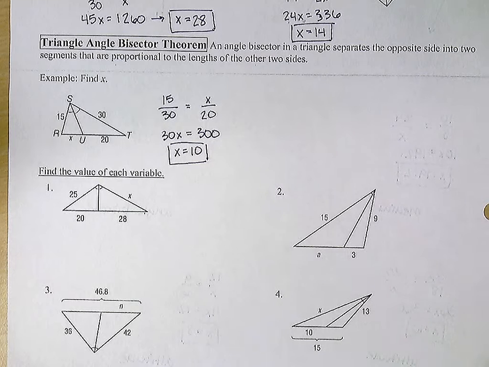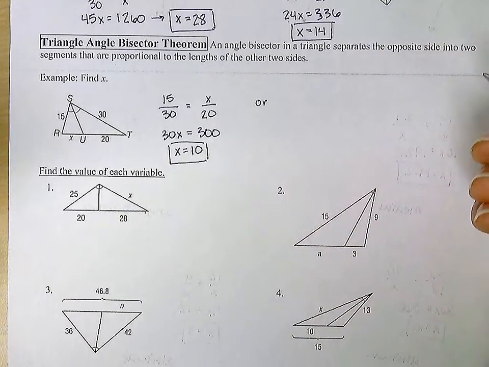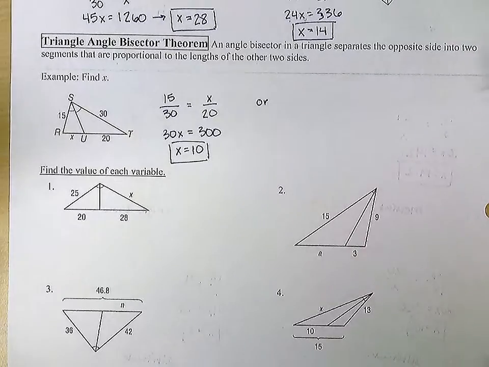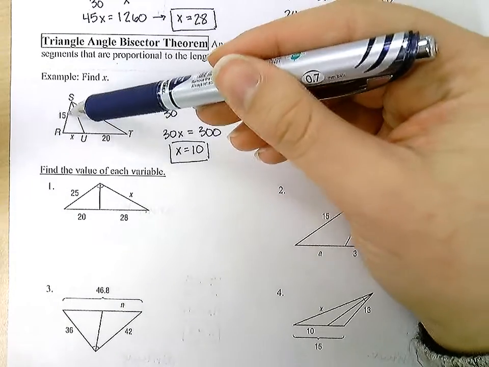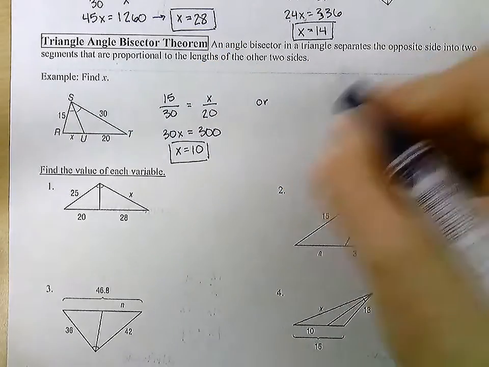Now there is another way you could set up this proportion. You don't need to do it this way if you understand the first way better. You could set it up as 15 over x, so just starting with that whole smaller triangle there.